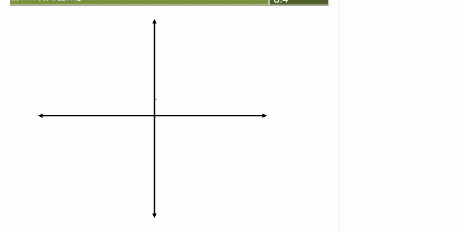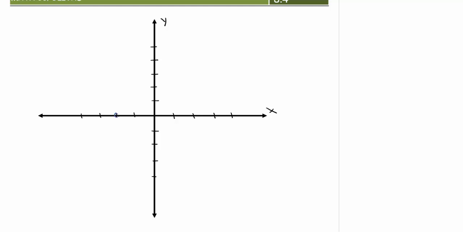I know I need to go up to 4, +4 on the y-axis, so why don't I start there? So here's my y-axis, and then I'm going to go out a few marks over here. I don't need any marks there, but I'm going to draw some anyways. I'm going to go ahead and plot my values.